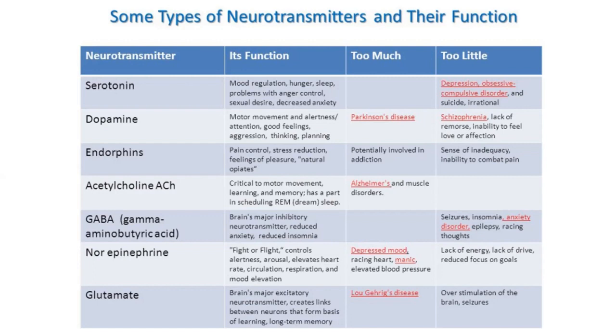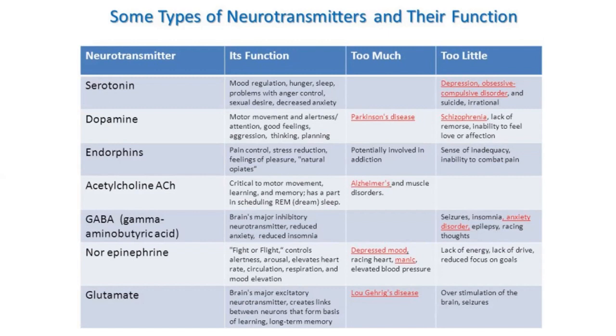Then endorphins. The function is pain control, stress reduction, feeling of pleasure. If endorphins are too much in the body, then it can potentially involve you in addiction. If these are too little, then you might have a sense of inadequacy, and inability to combat pain.